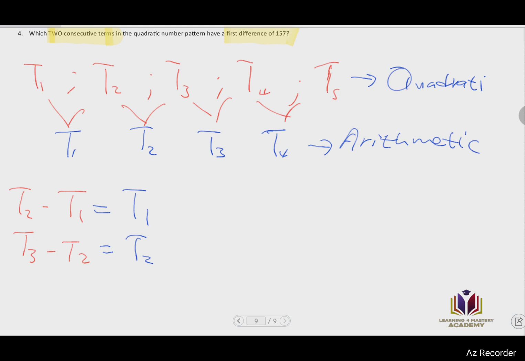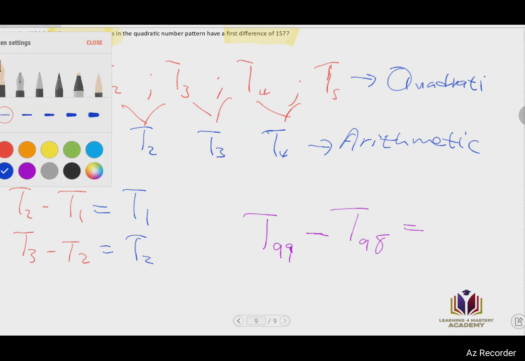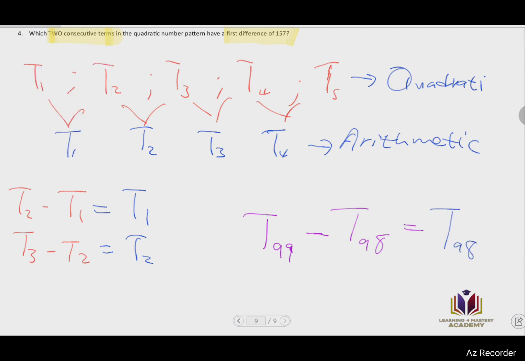I'm not saying the value of the term, I'm saying position. So if I'm subtracting T99 by T98, my answer will be in position T98 in the first difference.